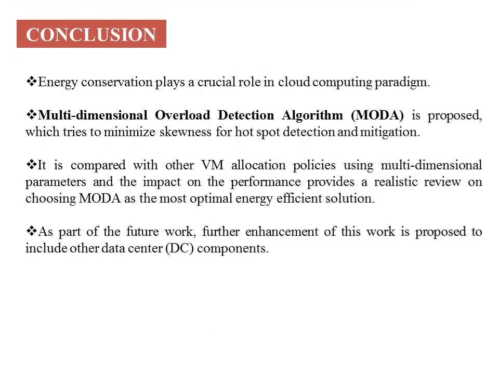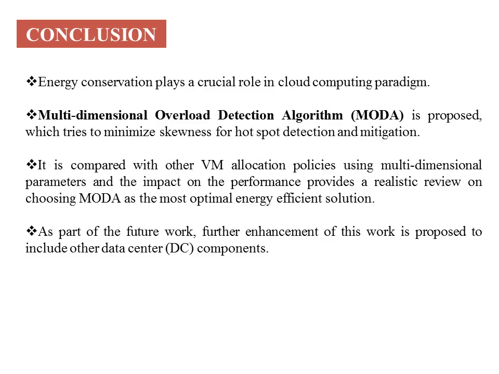So to conclude, we found that this multi-dimensional overload detection algorithm minimizes the skewness for hotspot detection as well as its mitigation. Compared to other allocation policies, this is the best, provides a realistic review, and is the most optimal energy efficient solution.